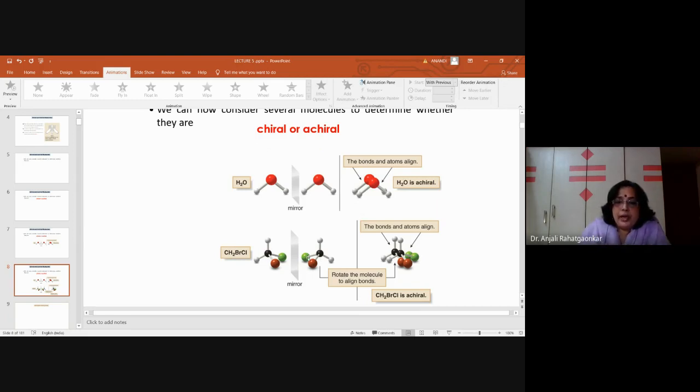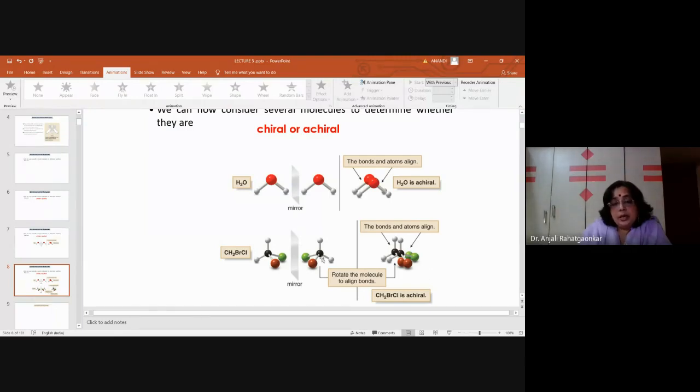Now if I rotate this, or any other operation makes that molecule superimposable, then that is achiral. Now we have this molecule, and this is its mirror image. Okay. Now what I did, I rotated this molecule again 180 degrees and I got superimposability. You got my point? Okay. If by rotating it in any way I get superimposability, then that molecule is also an achiral molecule. Please remember. Understand?